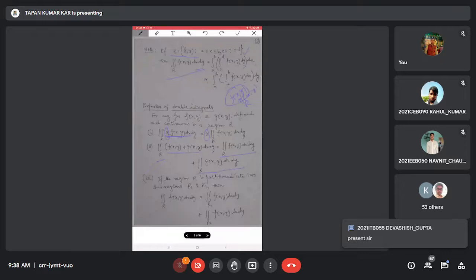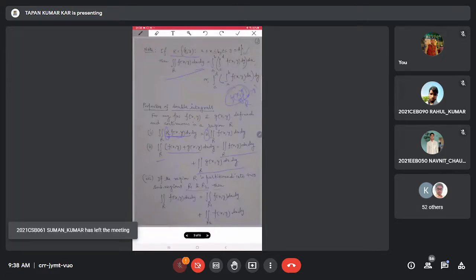This is also true for functions of a single variable. If the region R is partitioned into two subregions R1 and R2, then the integral over R of f(x,y) dx dy equals the integral over R1 of f(x,y) dx dy plus the integral over R2 of f(x,y) dx dy. You know this is also true in the case of a single variable: a to b means a to c, c to b.